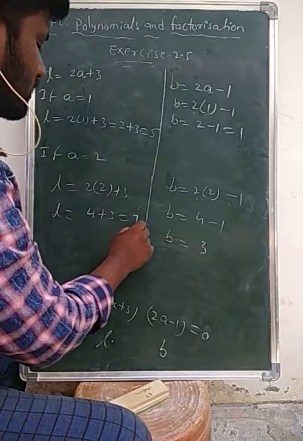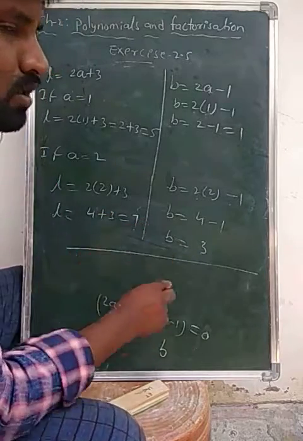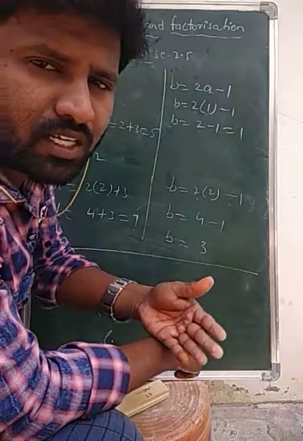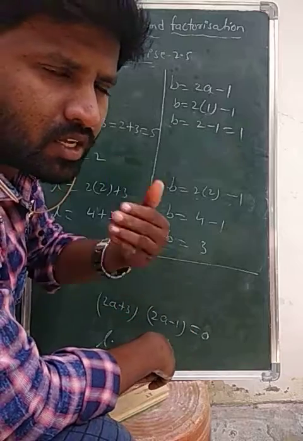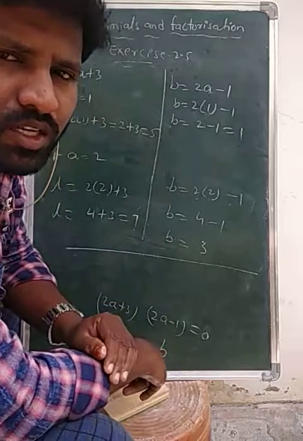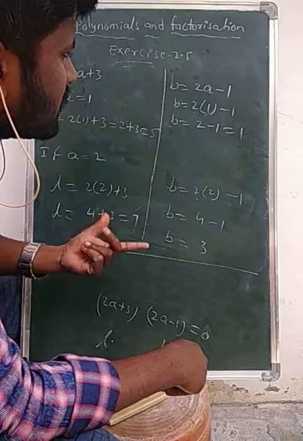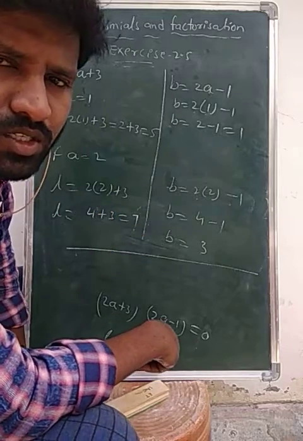So length is 7 and breadth is 3. Like this we will get different values of length and breadth. In the same manner, practice the remaining problems. Okay students, thank you.